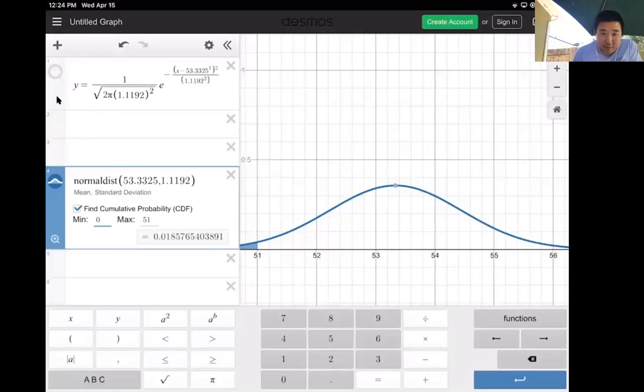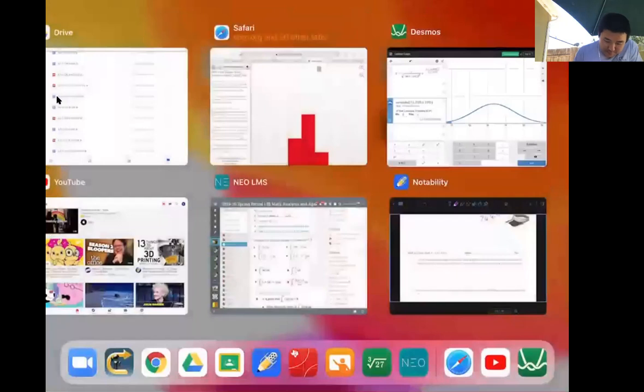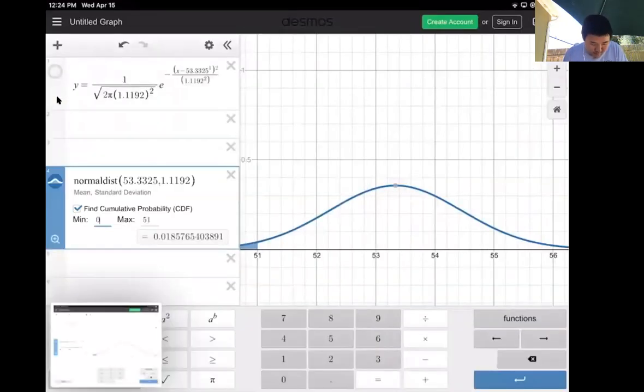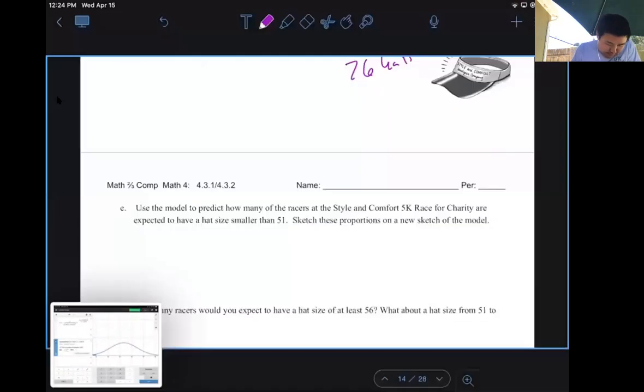And you get 0.018, so 1.8%. And then you get the same answer.